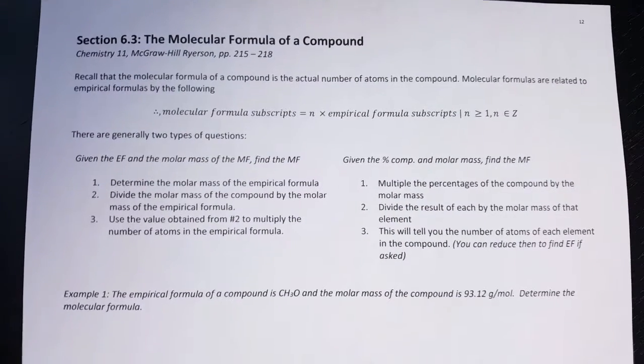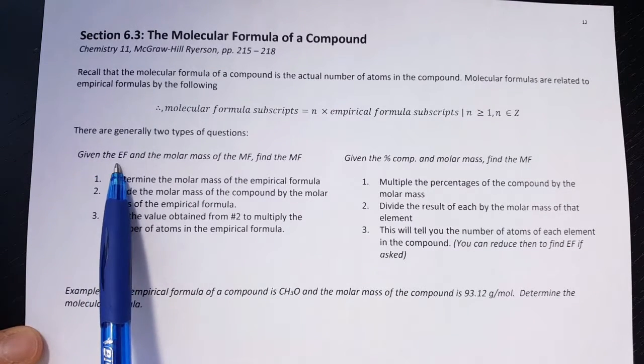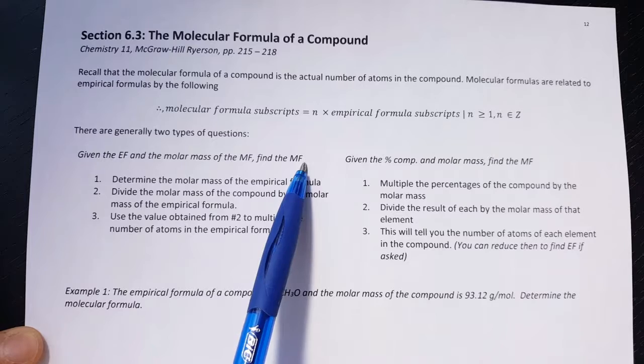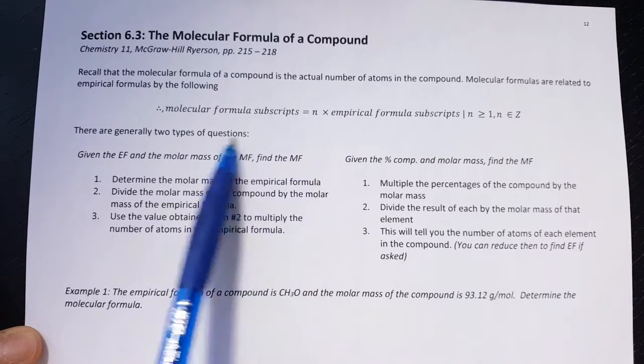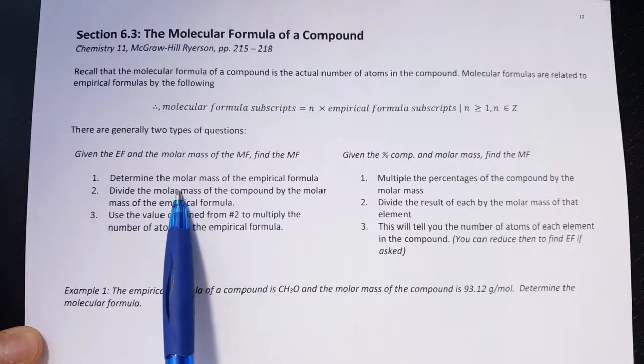And there's two types of questions that we generally experience when looking for molecular formulas. One, where they give you the empirical formula and the molar mass of the molecular formula, then find the molecular formula. Here's the instructions on how to do that question.